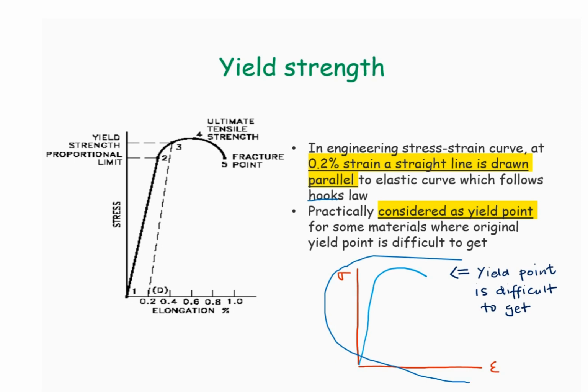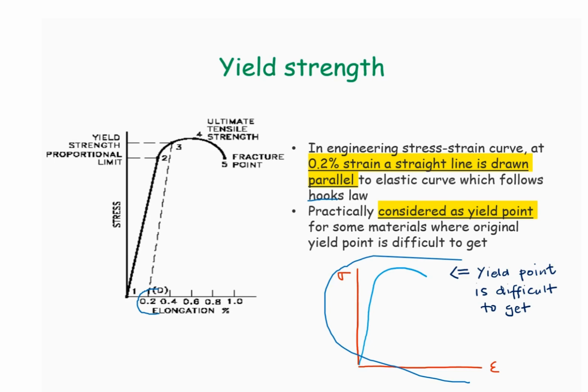We can see that the exact yield point for this stress strain graph is quite hard to identify. So what we do is draw a line parallel to the elastic path, starting at 0.2% strain or elongation, and then the intersection of this line with the curve defines the yield point.